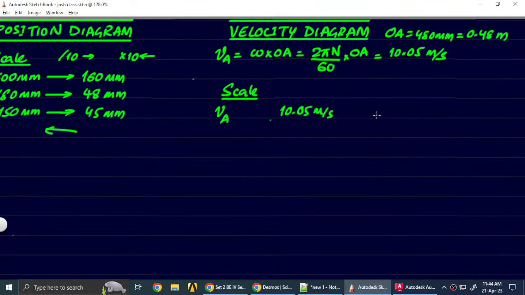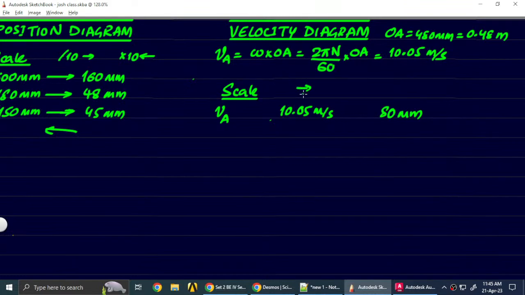We need to convert this into some convenient length that we can easily draw on our sheet. My suggestion is to go for at least either 50 mm or 80 mm, whichever is convenient for you. The more you take, the more accurate the result, but at the same time it will be more difficult to fit on the sheet that we have provided. Make the best choice depending on what best suits you. In my case, I'll just go with 80 mm. So this is my scale.